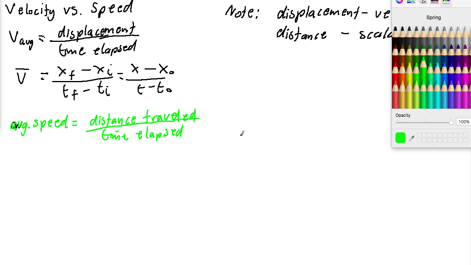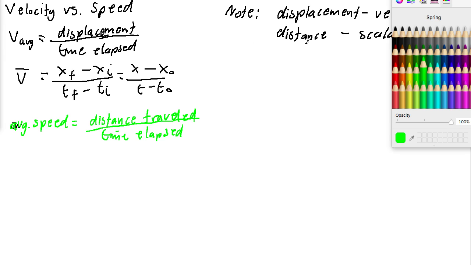Now, before we keep moving forward, I would just like to point out that because we're working with a vector in average velocity, anything that we do to a vector by a scalar, either a multiplication or a division, is always going to give us a vector back.